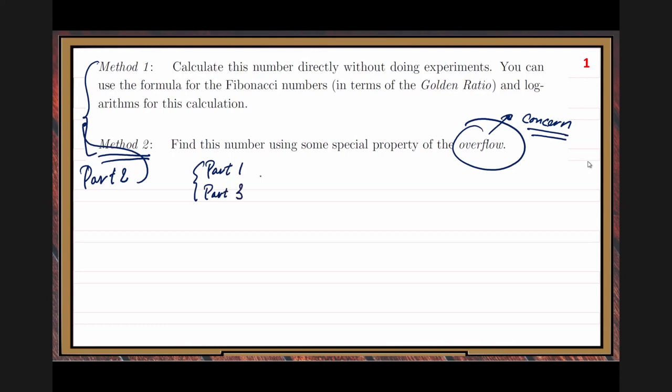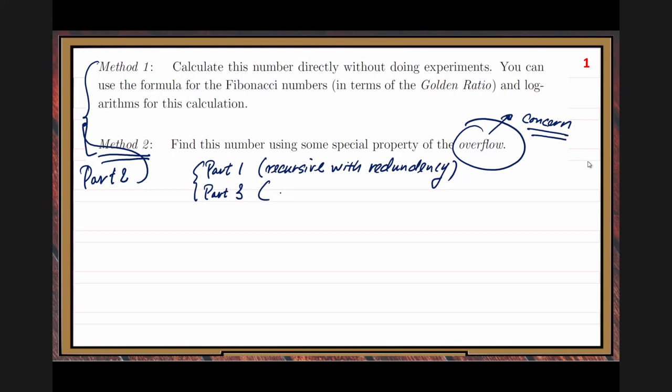Part 1, not iterative, sorry, recursive, recursive with a lot of redundancy. That's the reason it's very slow.